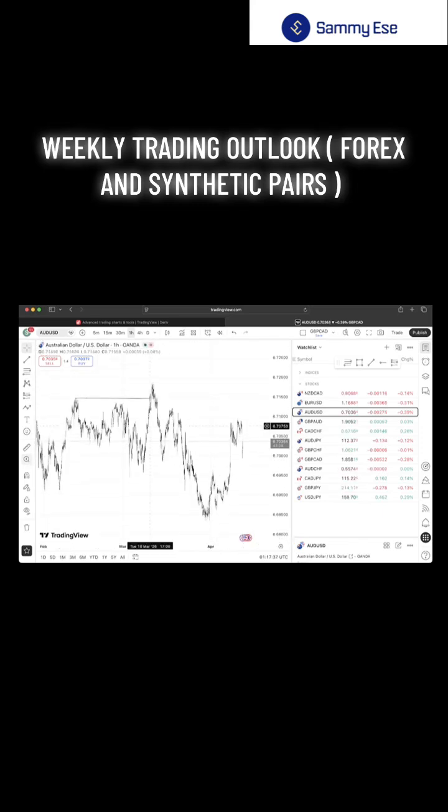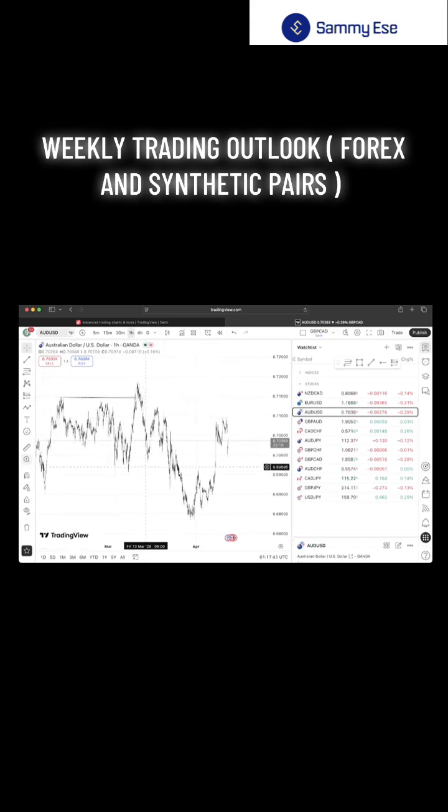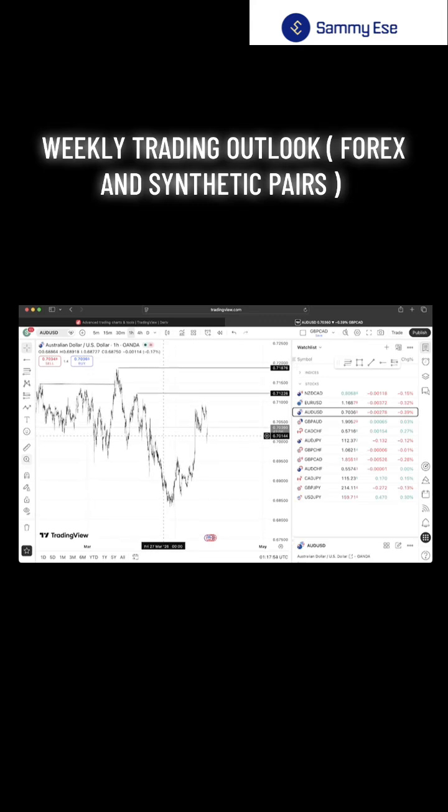Okay, we have a sweep. 50% retracement, like I explained earlier. Then we have our point A. It's as simple as that. And then here will be our C. My POI will be somewhere here.